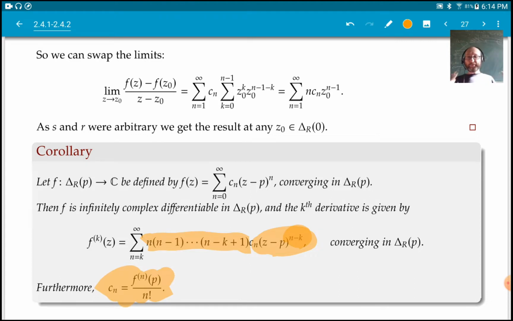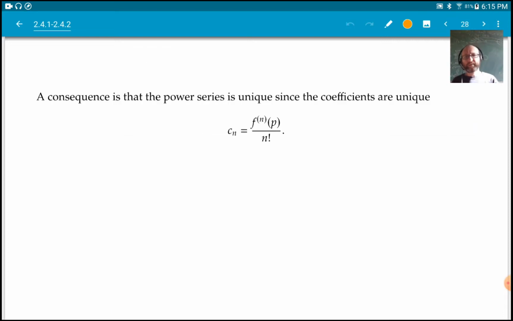So I have a formula in terms of the derivative for the nth coefficient of the power series. So I can find the coefficients of the power series by differentiating the f. Now, one consequence of that is that the power series is unique.